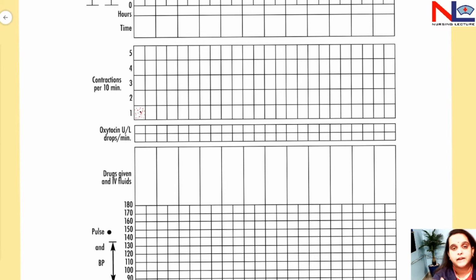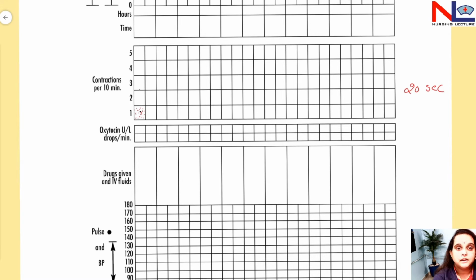Once you place your hand on a woman's abdomen, you feel the hardening of the uterus, that is the uterine contraction. So, for how long does this hardening persist? If it persists for about 20 seconds, then it will be called a mild contraction.